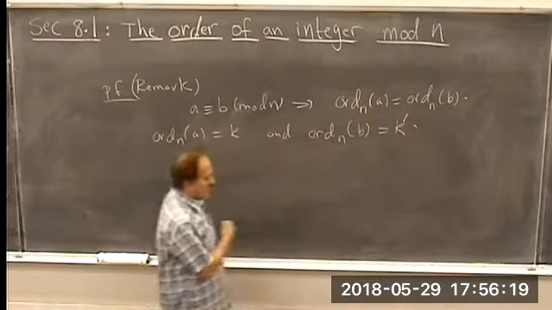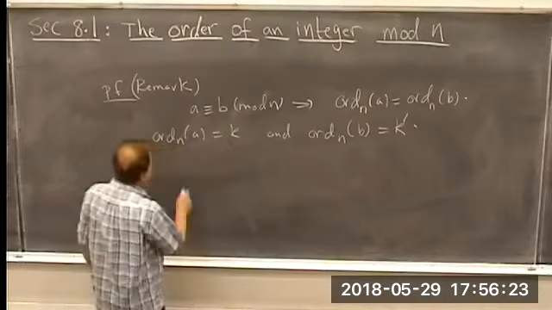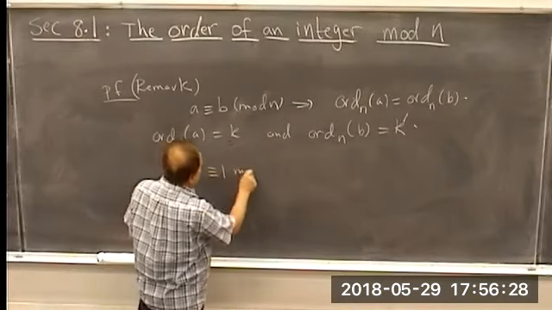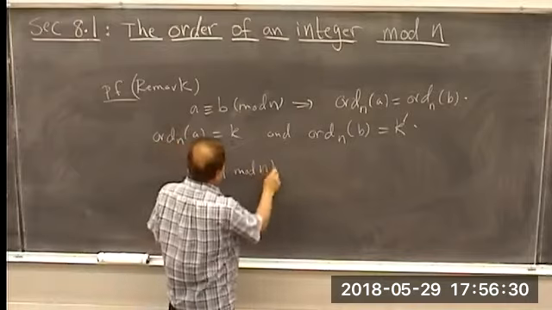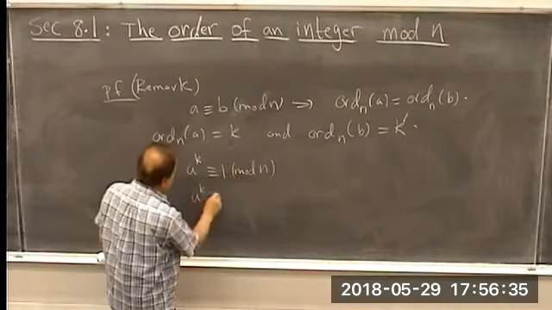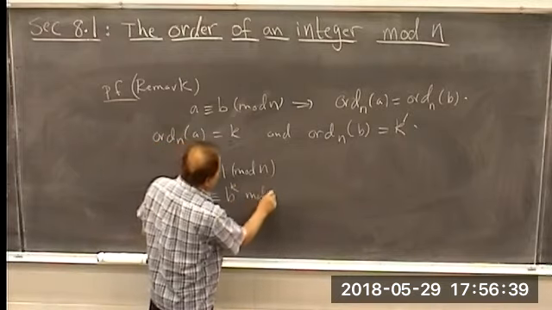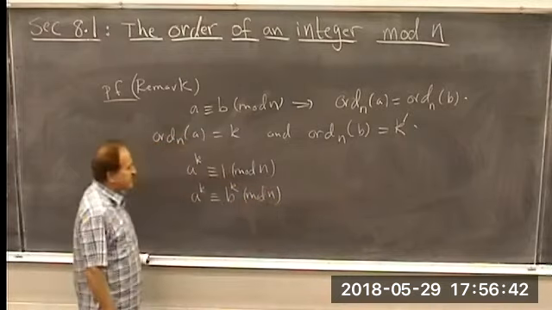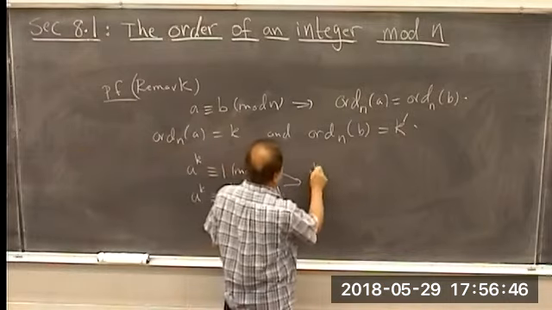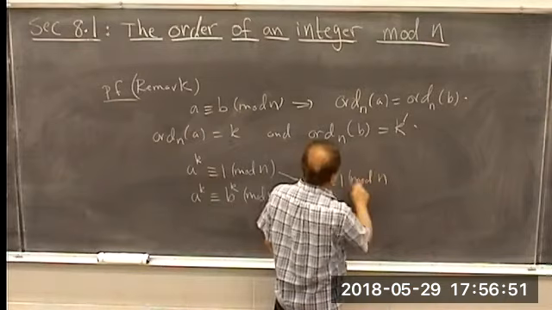So I want to show that K is the same as K prime. From here we have A to the K is congruent to 1 mod N. And also we have A to the K is congruent to B to the K mod N, because of properties of congruences. So these two imply that B to the K is congruent to 1 mod N.